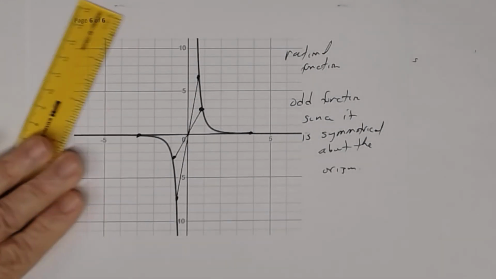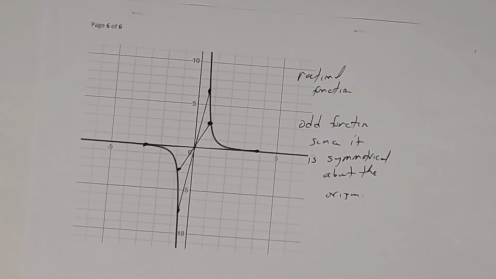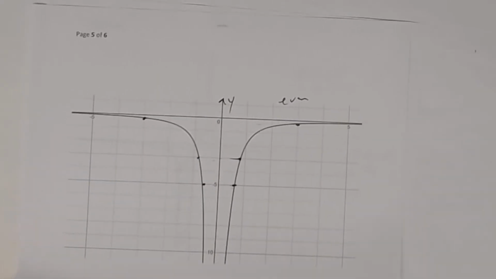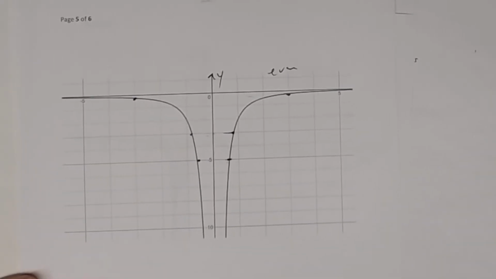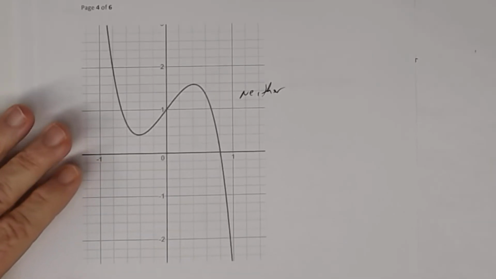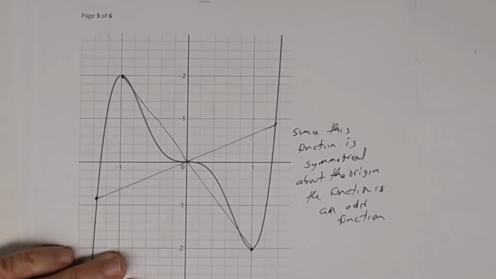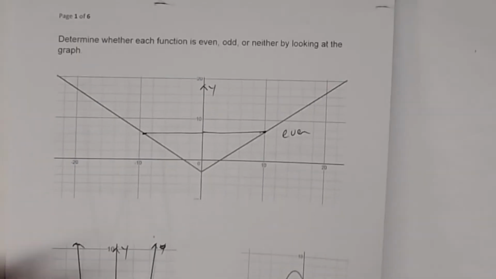So given a graph, that's how you determine whether a function's even, odd, or neither. Given the graphs, it's pretty easy to determine whether a function is even, odd, or neither, right?